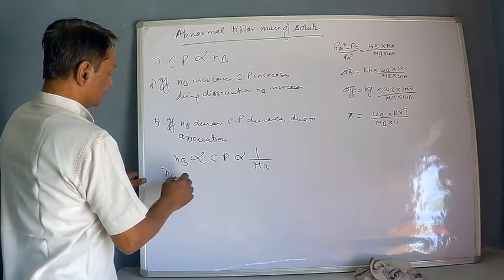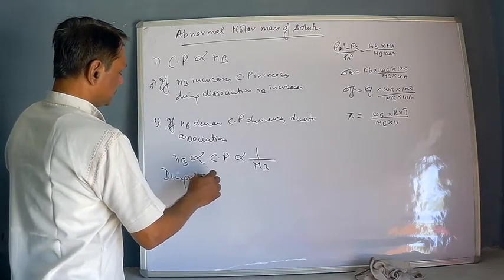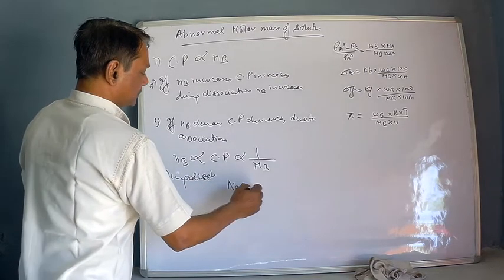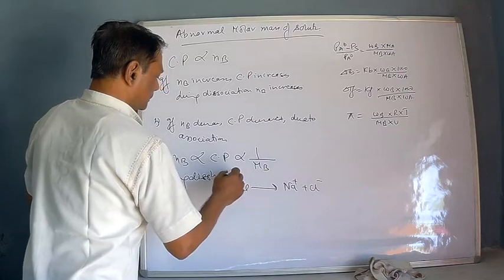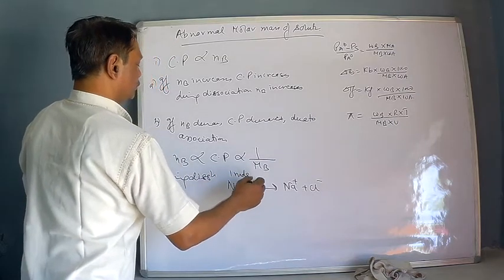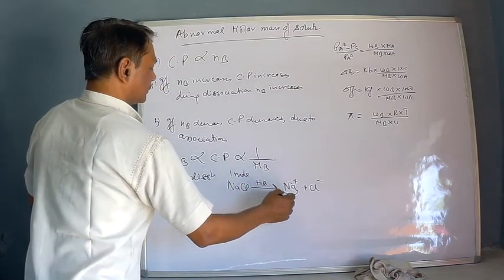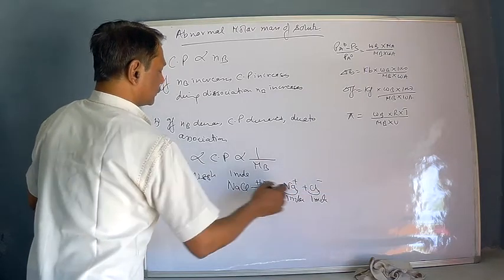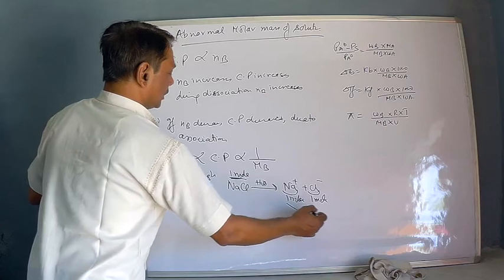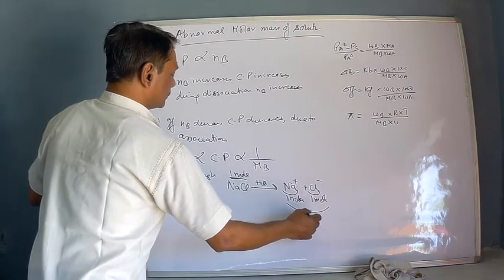During dissociation, take NaCl. When it dissolves in water, if I take 1 mole of NaCl and dissolve in water, it gives me 1 mole Na positive and 1 mole chloride negative. So we started with 1 mole and now we are ending with 2 moles.